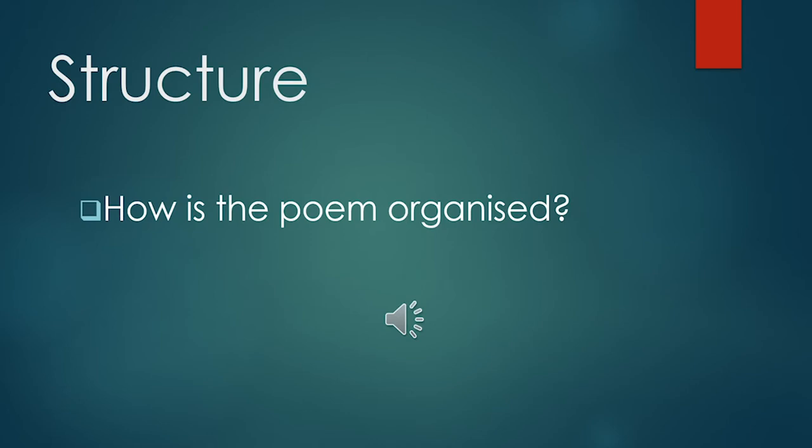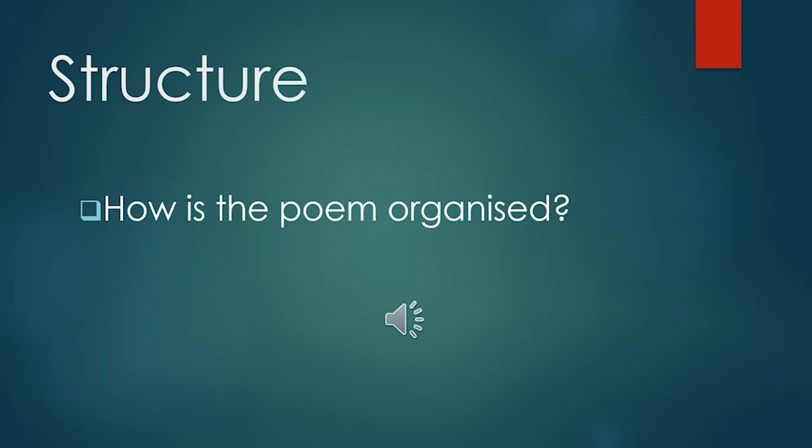So what is on each line? What punctuation is used? Is there any capitalization used? All of these things we must look at when we look at the structure of a poem. So the structure is basically just the organization of the poem. How many stanzas are there, how many lines are there, things like that.